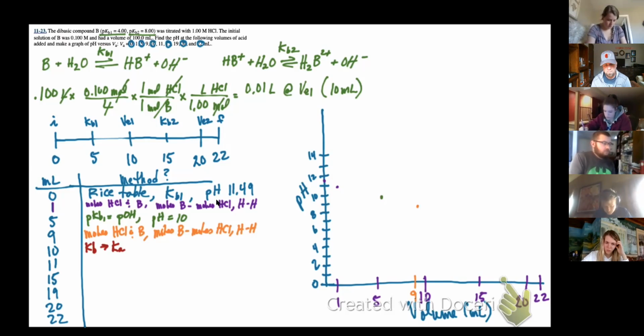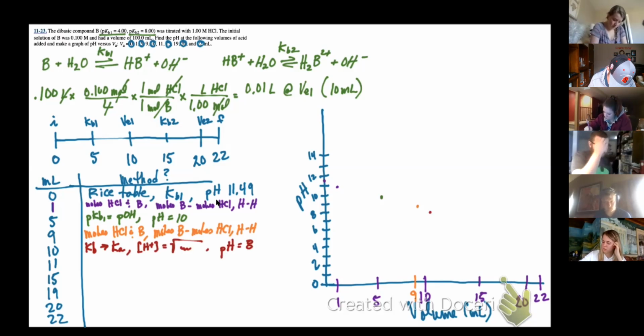Okay. I don't know why it's going so slow, but it'll update. All right. Next one, what are we at? 11? Yeah, so after the first equivalence point, we're going to assume that all the deprotonated base is now singly protonated.